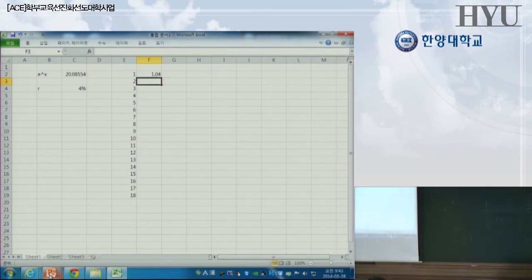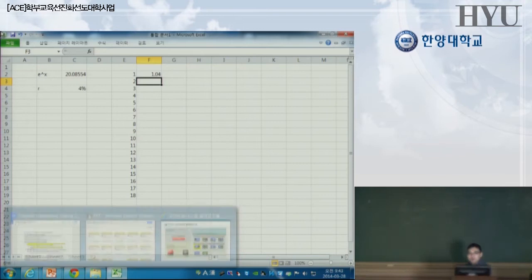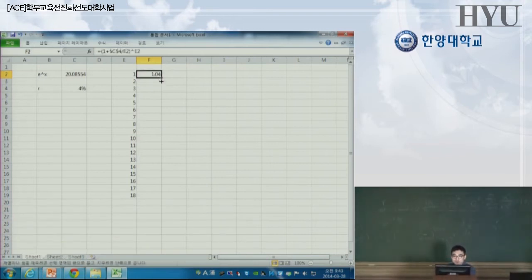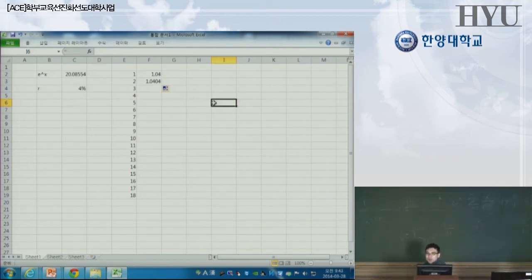Therefore, now we pay 2% every 6 months, and compound 2 times. That number is approximately 1.0404. Right? It is natural that number should happen, because it is 1.02 squared, so 1.02 squared is 1.0404, right? Because it is now 2%.